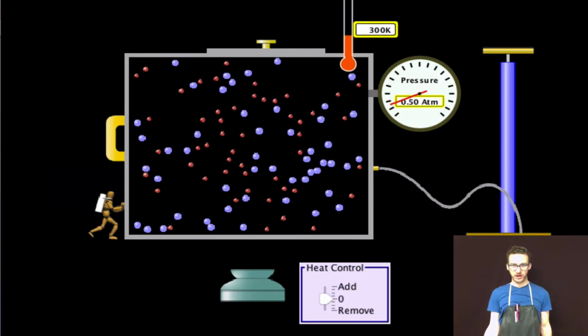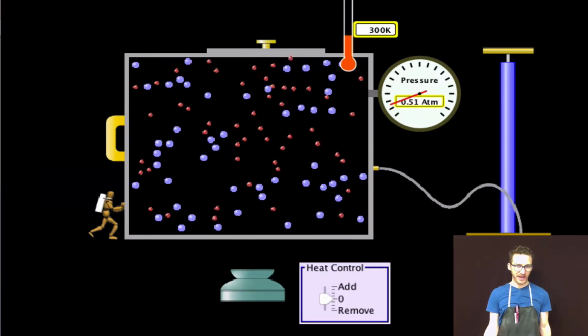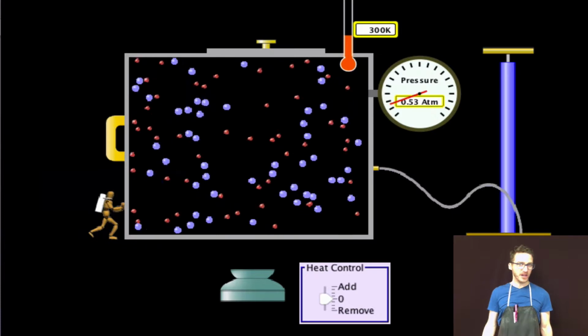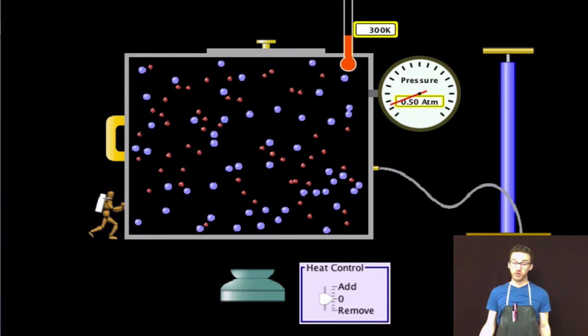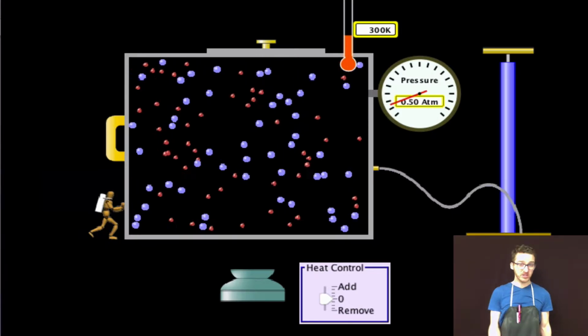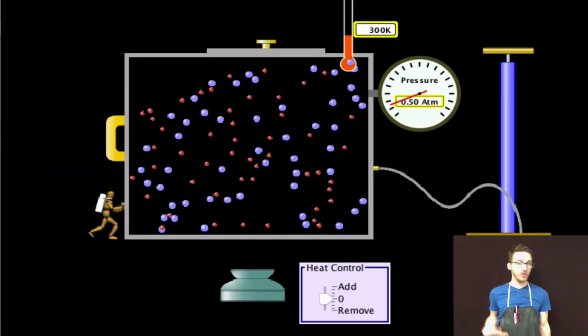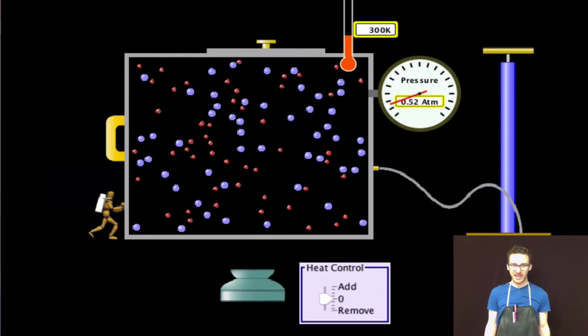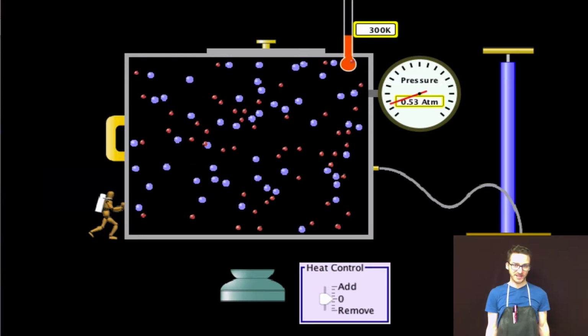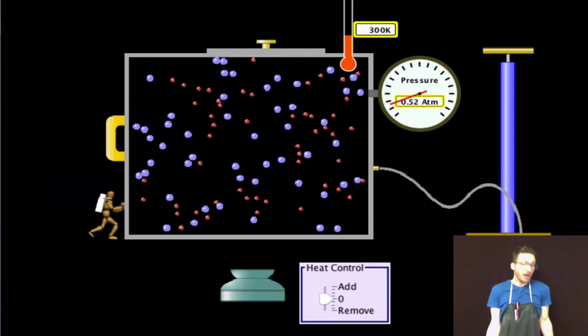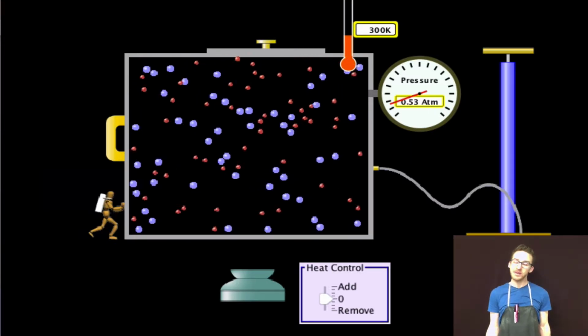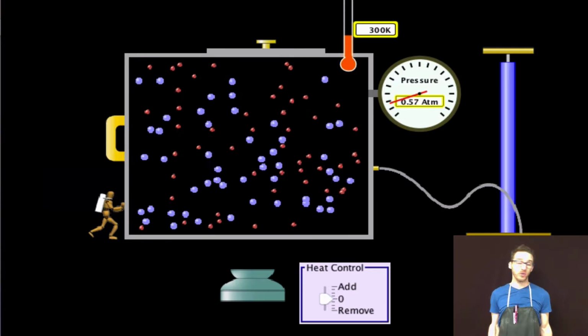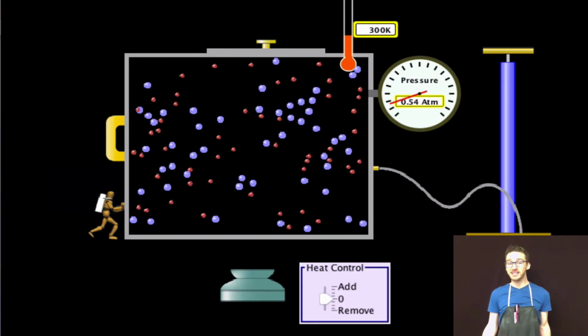Half of that pressure is coming from the purple gas, the other half is coming from the red gas. And it's important to know that even though this is a mixture of two different gases, if you know the volume of the gas, if you know the temperature of the gas, and if you know the combined pressure of the gas, you can calculate the number of total moles of gas molecules in that container, even though they're different gases.